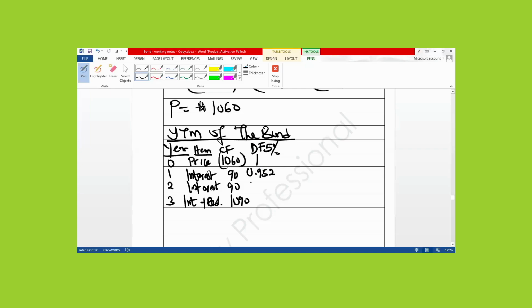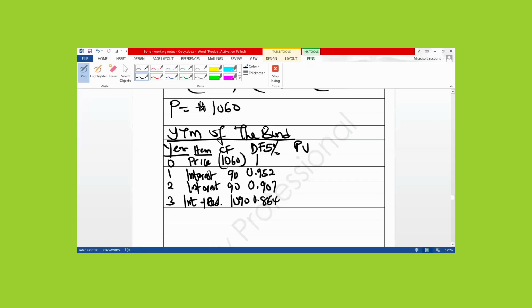Year 2, 0.907. Year 3, 0.864. Now get the present value at 5%: 1 multiplied by the corresponding cash flow.